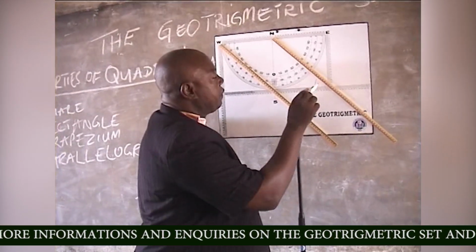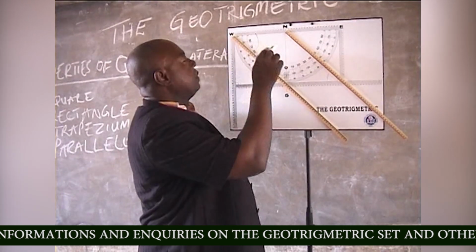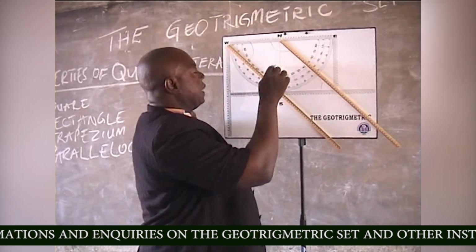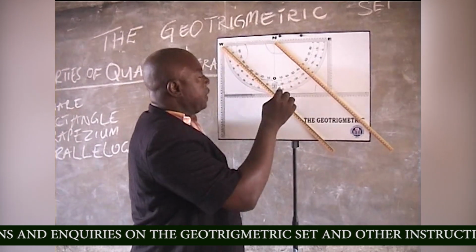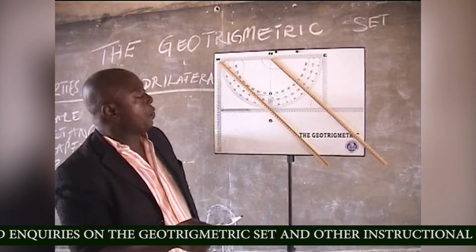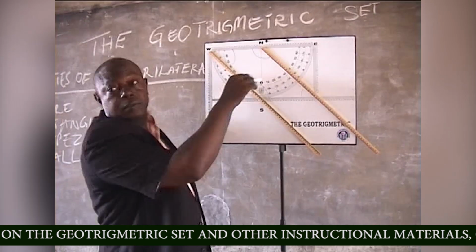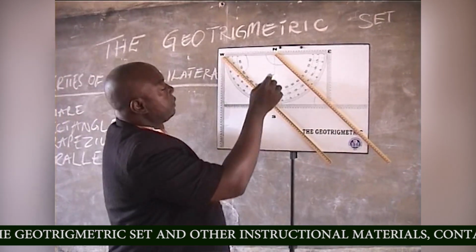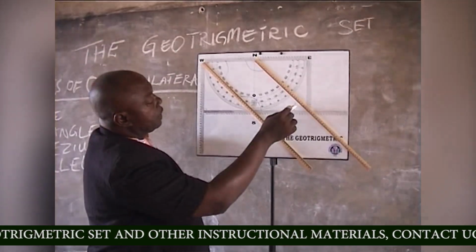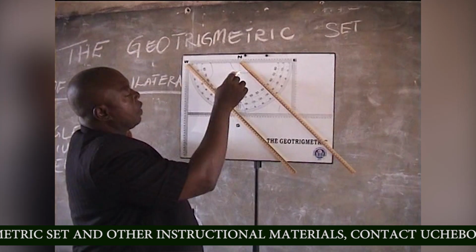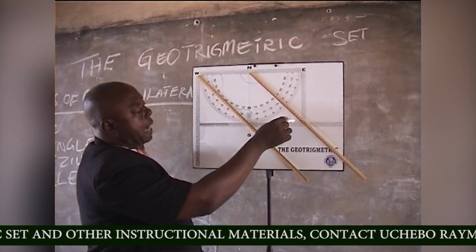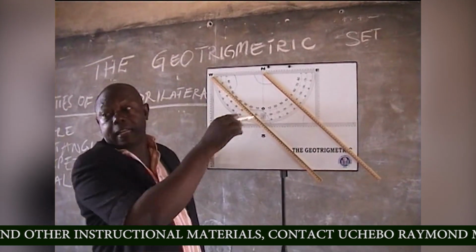Here is 45. Here is 45. Here is 135. Here is 135. How? This is 45 degrees, as you can see from the protractor, is it not? If this is 45 degrees, this is equally 45 because it is an angle formed by the diagonal in a square.